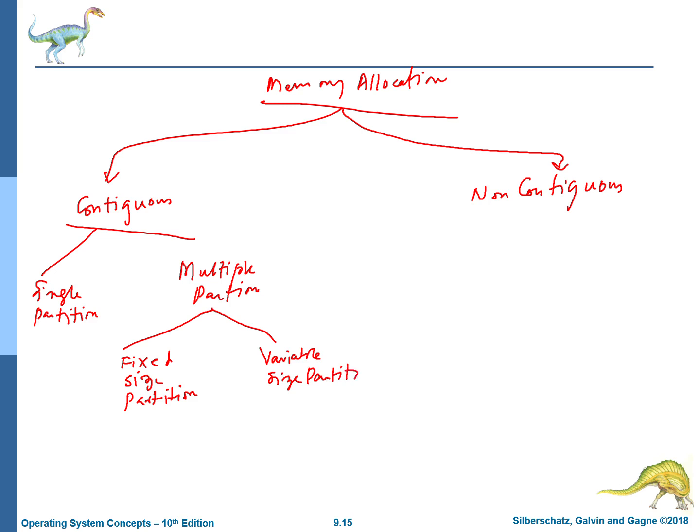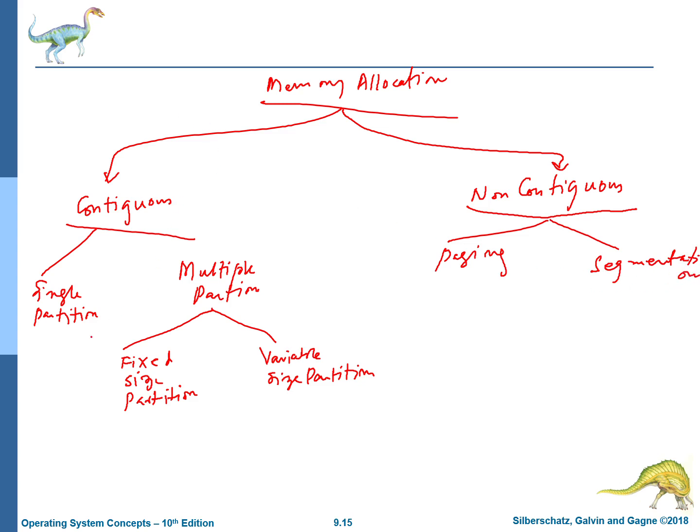While in non-contiguous memory allocation, we have paging and segmentation.